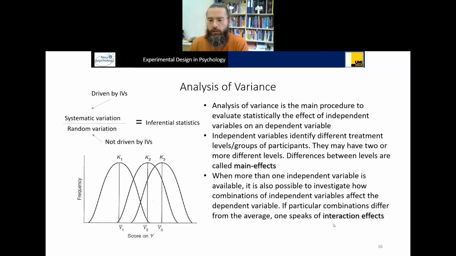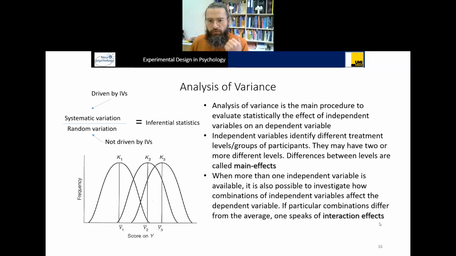So you may look at specific combinations of levels of different independent variables and see whether there is some specific effect there. So you have both the effects of each independent variable on your dependent variable and also effects of combinations of your independent variables on the dependent variable.